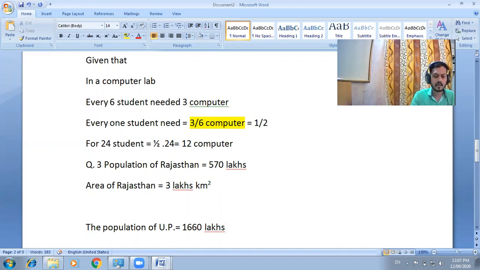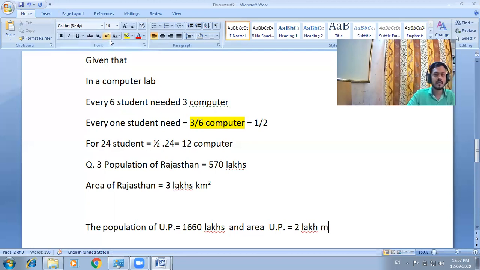Okay, and area of UP equal to 2 lakh kilometer square.